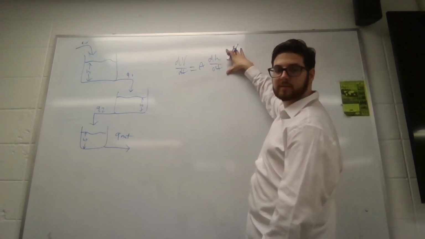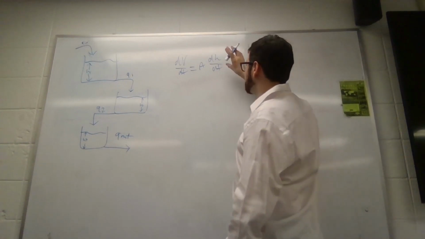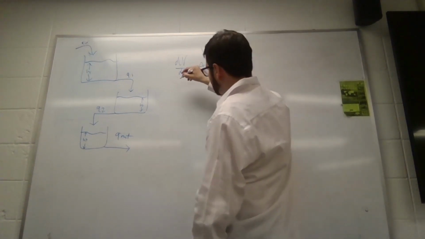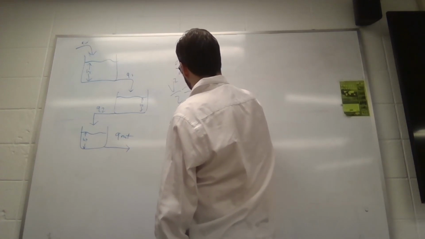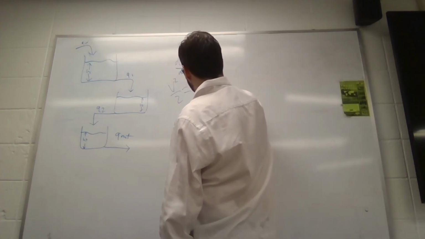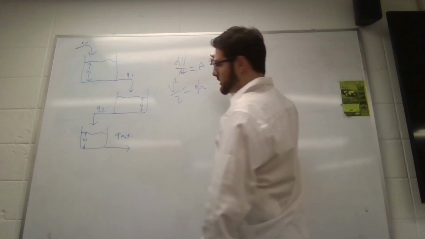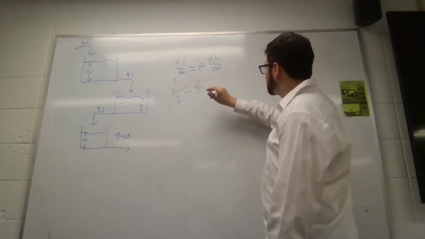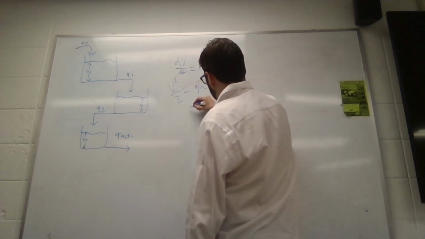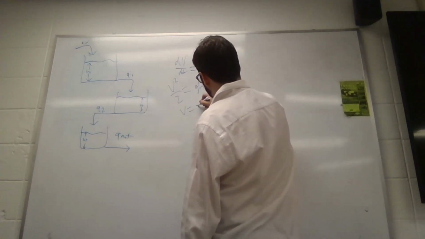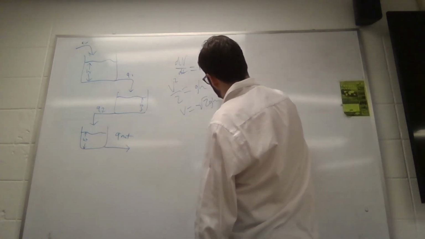And we really care about this dH dt term here. So with that set, we also got v squared over 2 is equal to g times h from Bernoulli's equation, and math that out to be v is equal to the square root of 2gh.